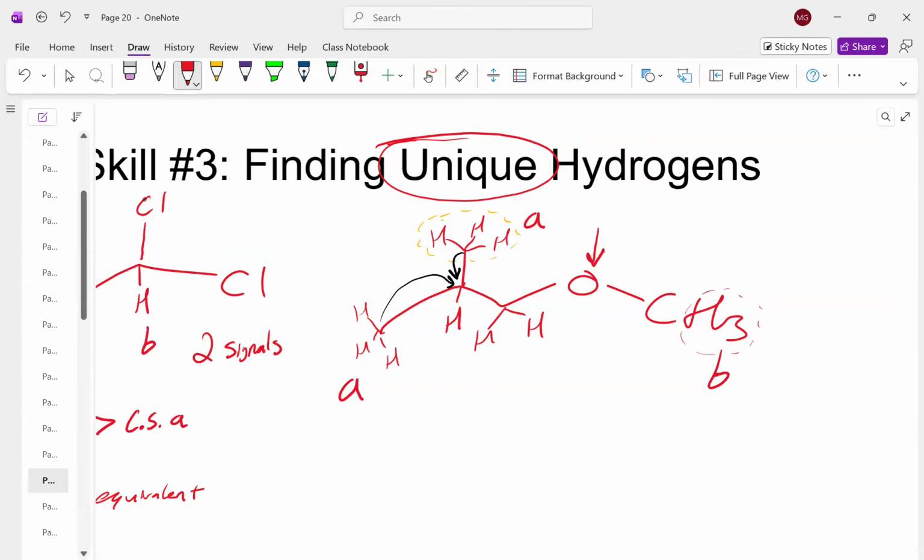And then the single hydrogen here attached to this carbon, I put a dot there. That is unique. I'll call them C. And these two hydrogens here, I'll call D. All right, so these would have four signals.